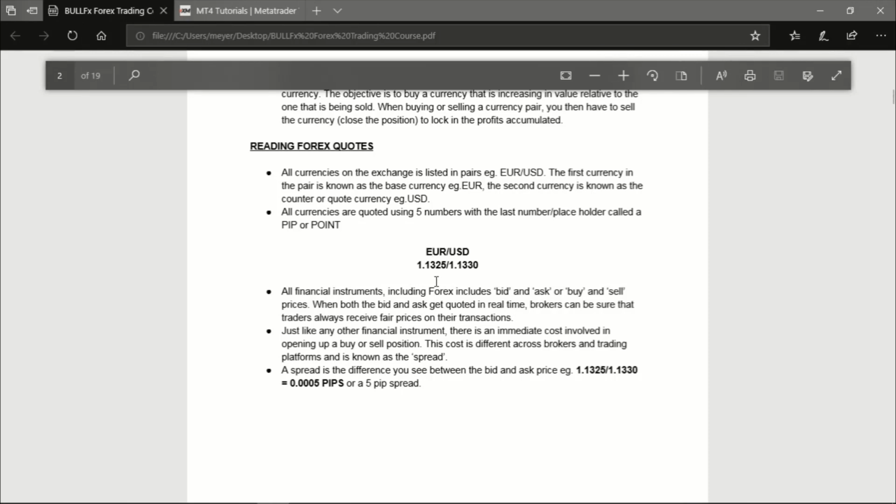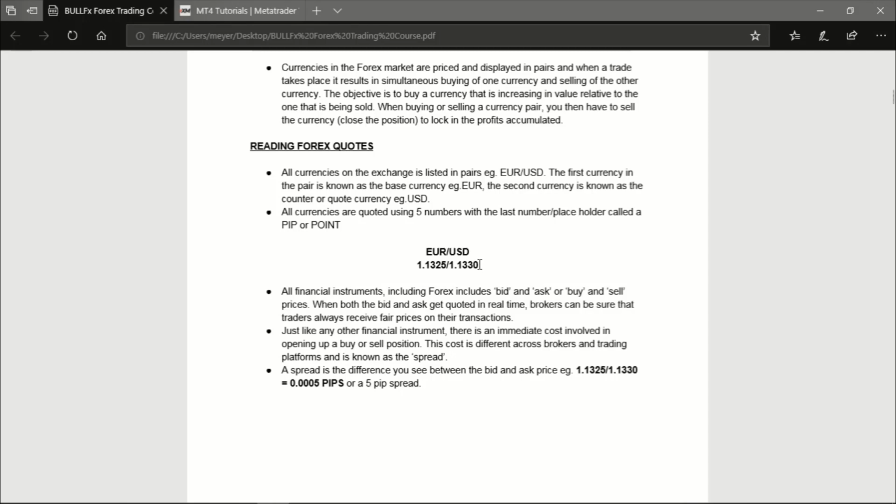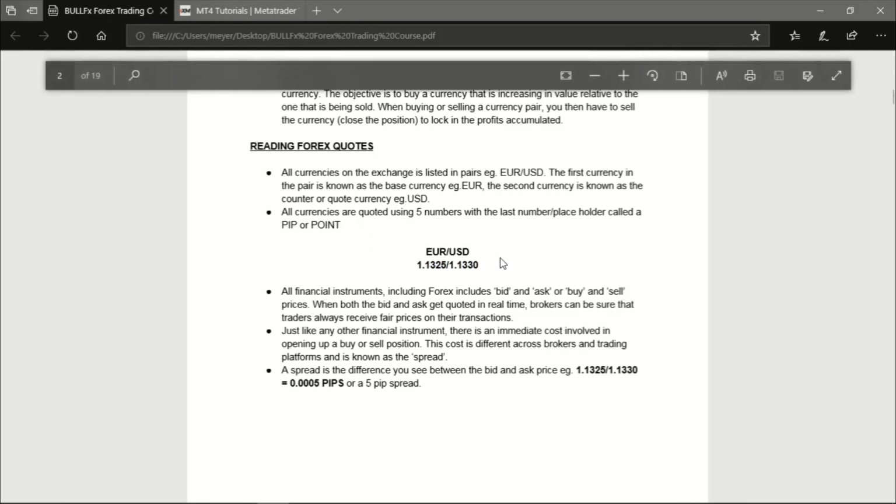So what that means is the price that you will be seeing on your screen, which is your bid and ask price, is the actual real-time price of the currency within the Forex market. With my broker that I recommended, which is XM, they provide you with a real-time value of that currency, so you can be trading the actual prices that the currency is at the moment.